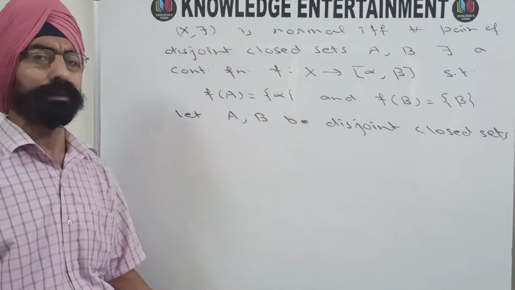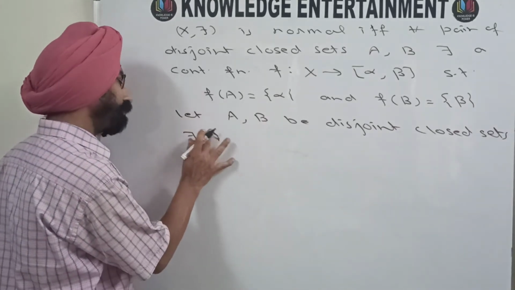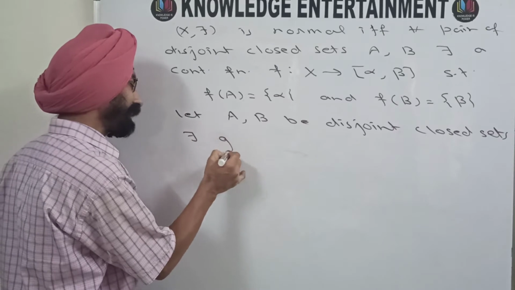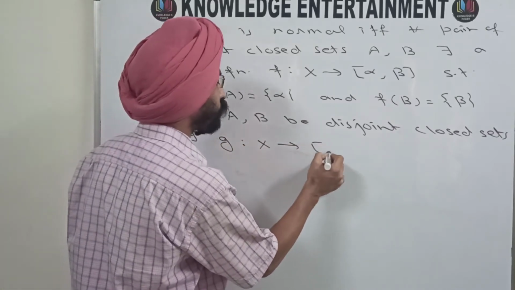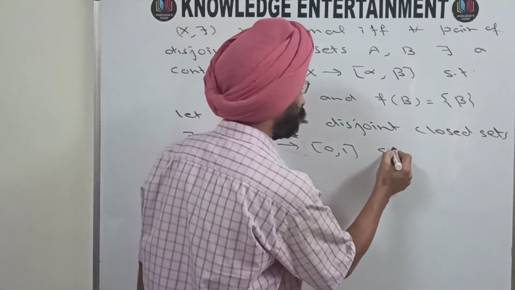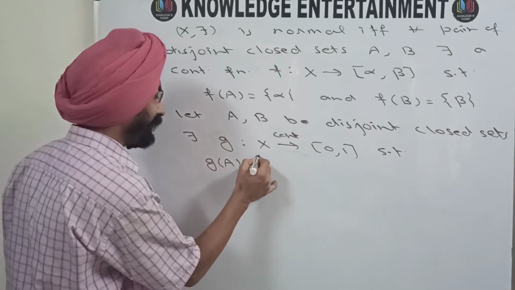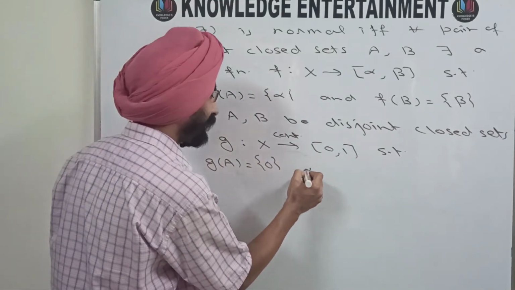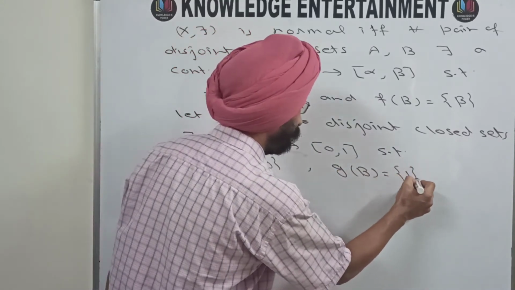By Urysohn's lemma, original form, there exists, I'm naming it as g, a continuous function g from X to the closed interval [0, 1], such that g of every point of A is 0 and g of every point of B is 1.